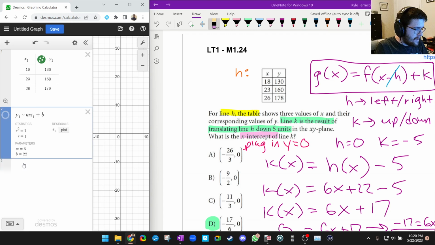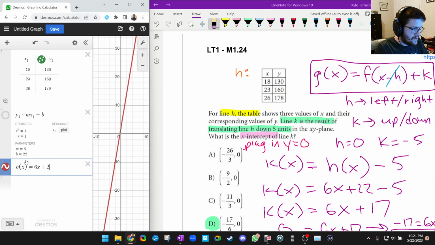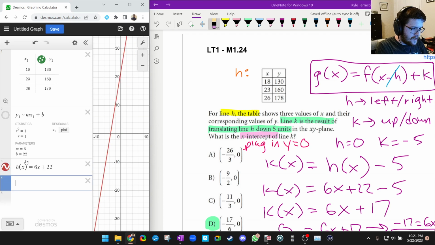And they tell us that m is 6 and b is 22, which is what we got before, right? So let's write h of x equals mx plus b, 6x plus 22. And now k of x, we're going to shift it down 5, so it's h of x minus 5, which is what we had on screen.